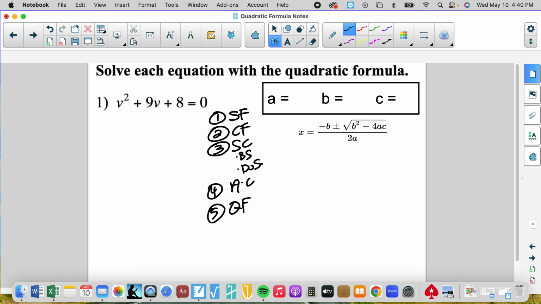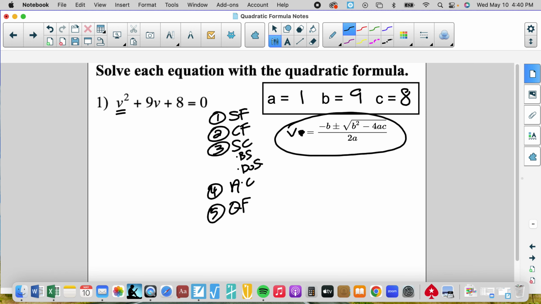So the first thing in utilizing the quadratic formula is we have to find our a, b, and c. My a is going to be 1, my b is going to be 9, and my c is going to be 8. And now we're going to use this formula to solve for, it says x, but because my variable is v, we're really solving for v in this case.